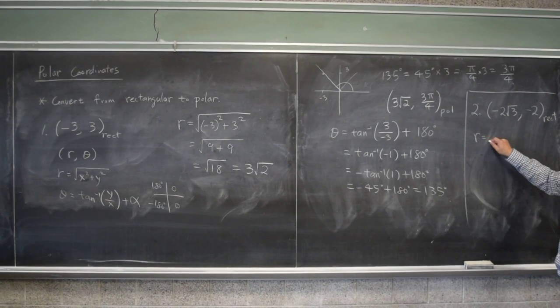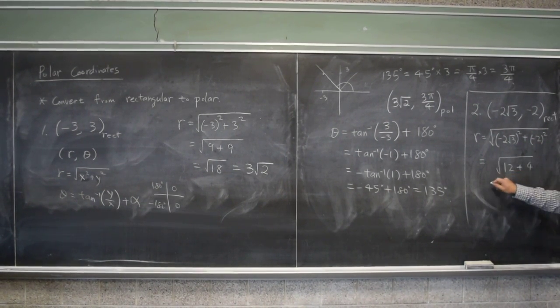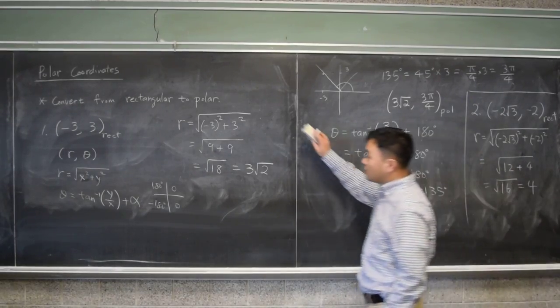Same deal for r: square root of negative 2 radical 3 squared plus negative 2 squared. And that's 4 times 3, that's 12. Negative 2 squared, that's 4. 12 plus 4 is 16. So we get 4. So that's your r.